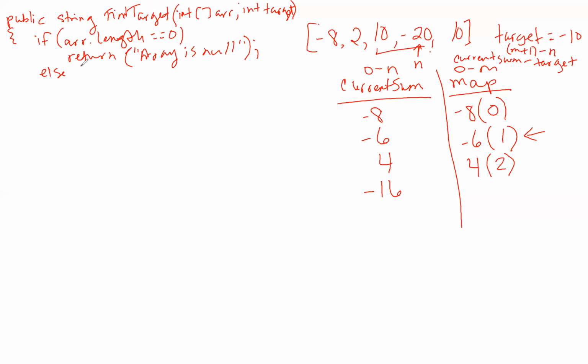Otherwise, we're going to go into our algorithm. First of all, we're definitely going to need a dictionary to store these 0 to m results. So let's make a dictionary. We'll just call it a map equals new dictionary. Oh, and we need to actually specify its ints.